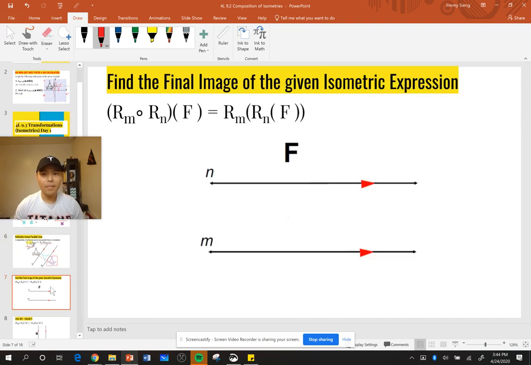All right. So if I was to do another one, again, this is saying reflect RM of RN of our shape F, which looks like this here. What that equals is I'm going to reflect this first. Okay, this is first. So here's my N. I'm going to reflect that. If I make a reflection, that's going to look something like this, right?